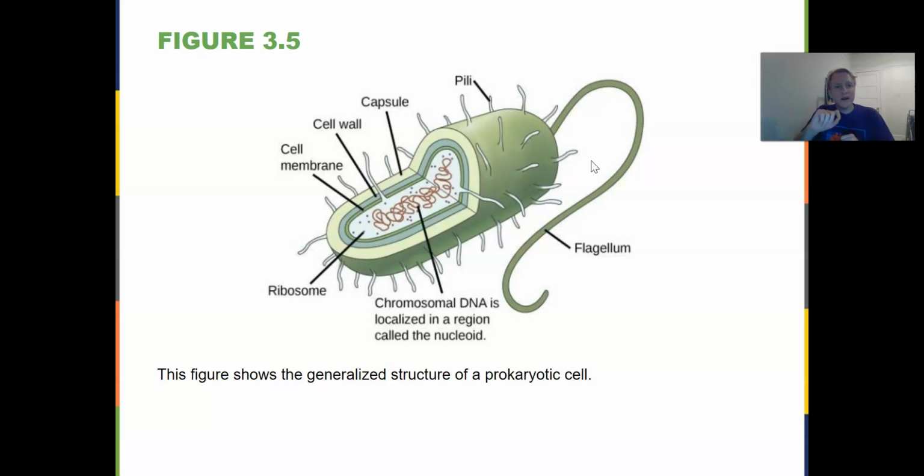I'll say it again because you need to know it: a prokaryotic cell does not have a nucleus or membrane-bound organelles. I'll define that later, don't worry. But let's look at what it does have.